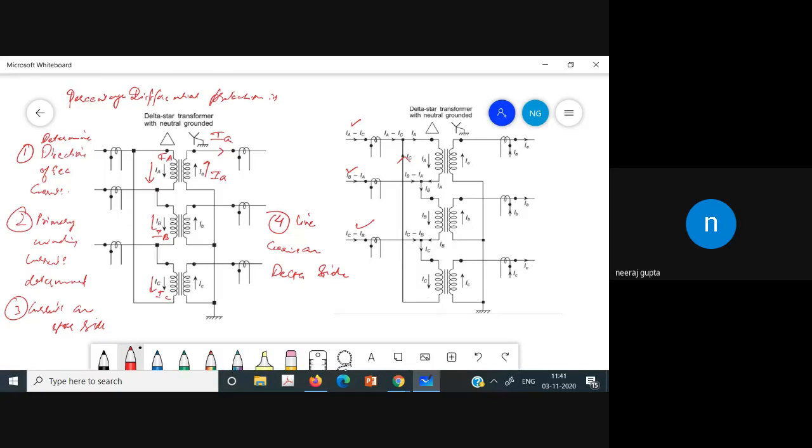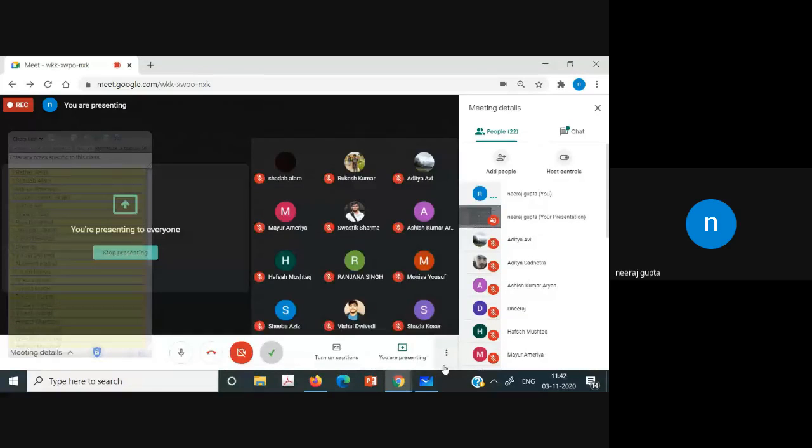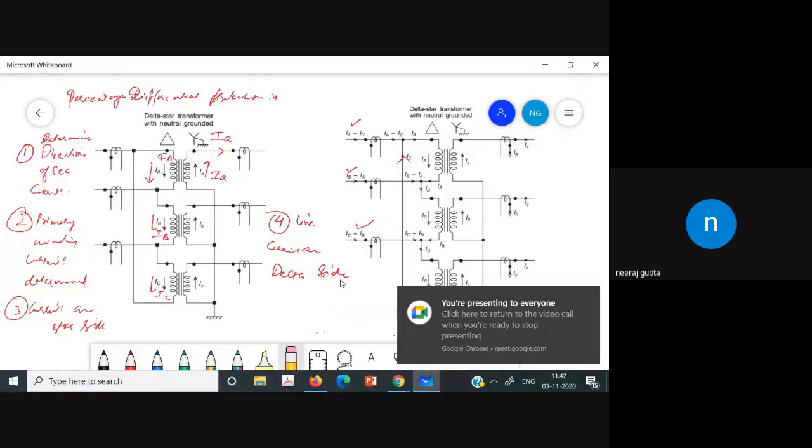So what we have done, we have determined the line currents on the delta side.